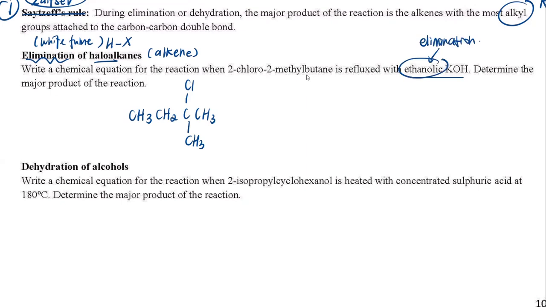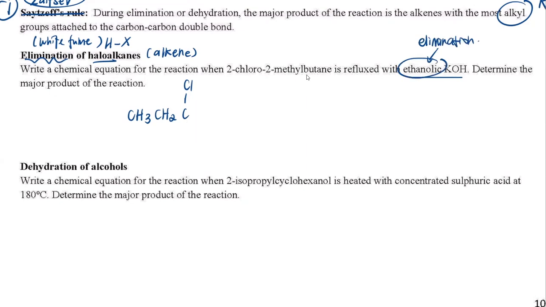So how does the elimination happen? With something like this: CH2, H, and CH3. Take a look at this Cl. This Cl will grab a nearby hydrogen atom. It can grab from here, here, or here. It must take hydrogen from the neighbouring carbons, which means it can take from carbon number 1, carbon number 2, or carbon number 3.